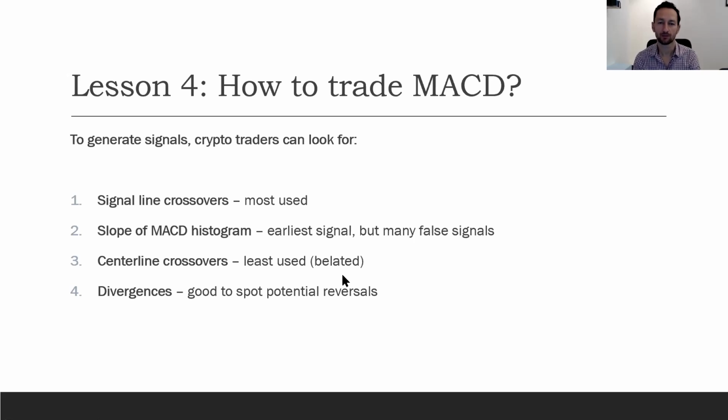That's a bit more advanced technique of spotting potential reversals, where the MACD trend could be improving while the price is still declining. That's a bullish divergence that indicates that the price could be bottoming out, and there could be a reversal. Now, we won't cover that here, maybe in future lessons.